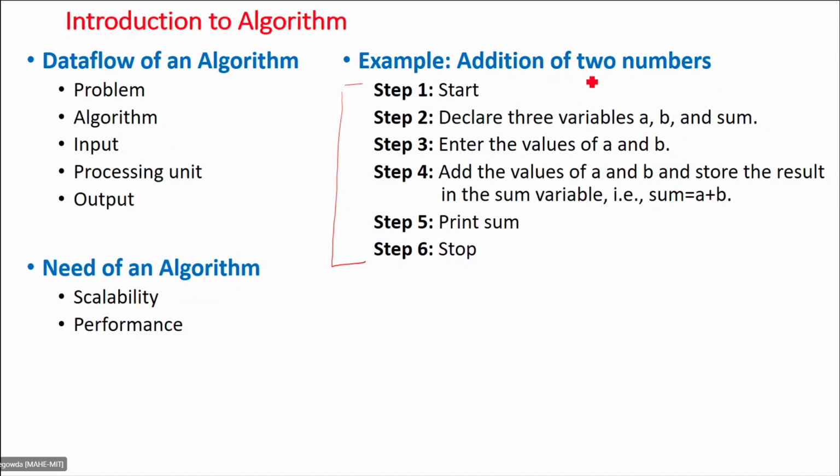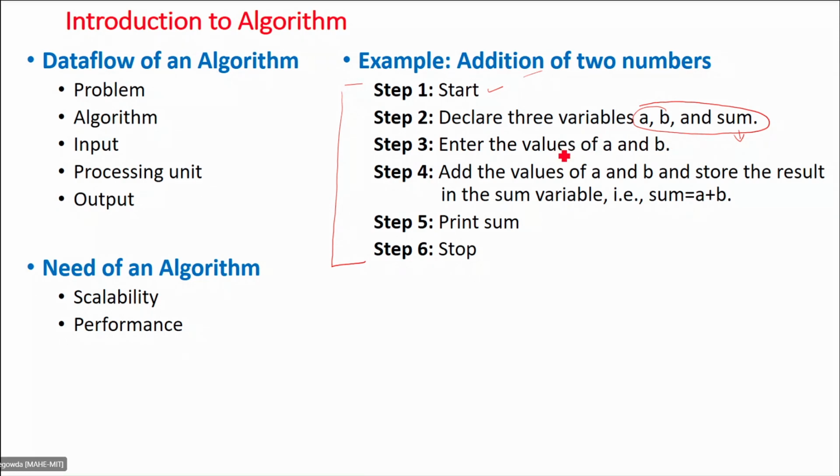First, I have to start. After starting, we need to declare the variables required for carrying out the given problem. I want to add two numbers, so I need to declare two variables, and also another variable for holding the sum of these two numbers.